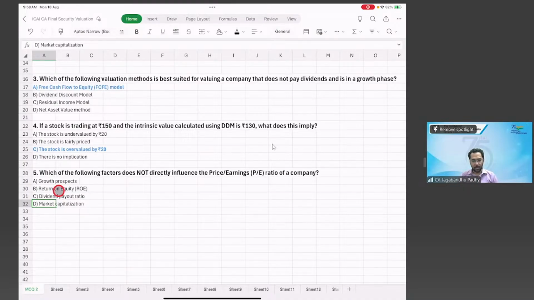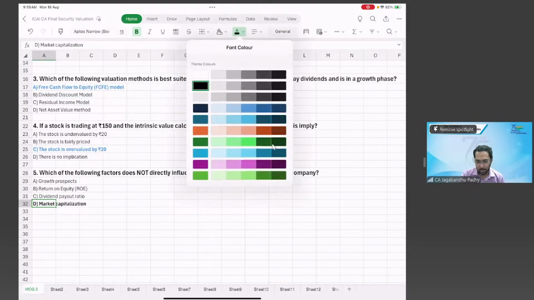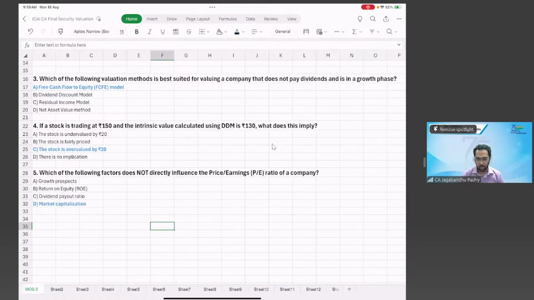Return on equity and PE are anyways inversely related. And dividend payout also affects earnings growth, and because of that growth, your price may get affected. But market capitalization is not going to have any direct influence on the price earnings of the company.